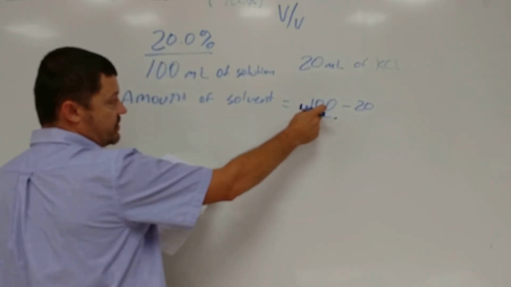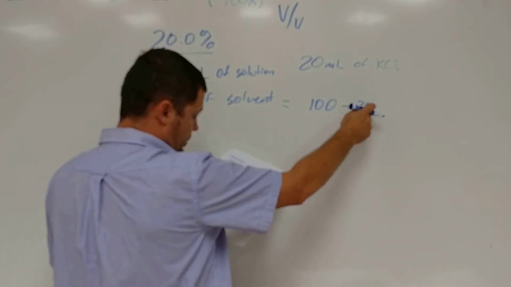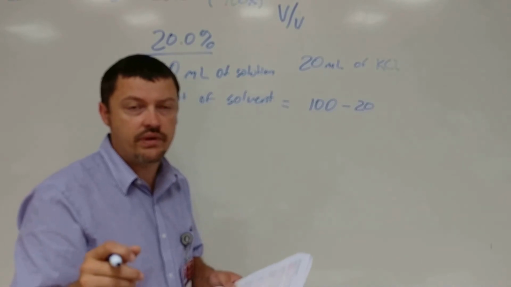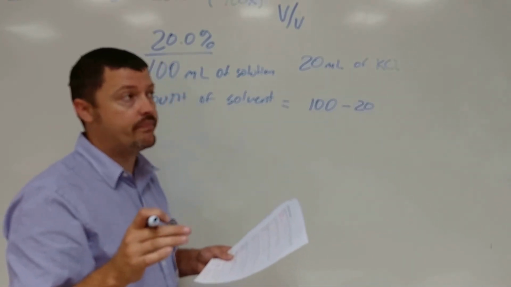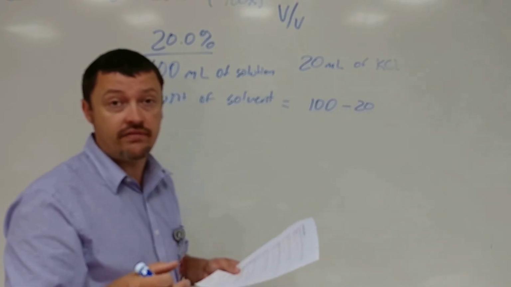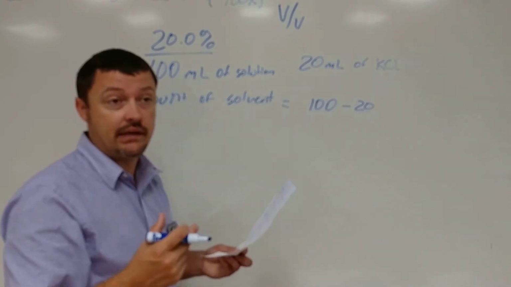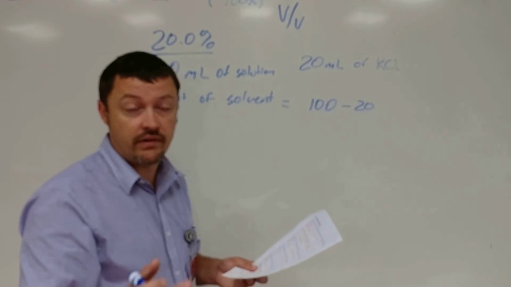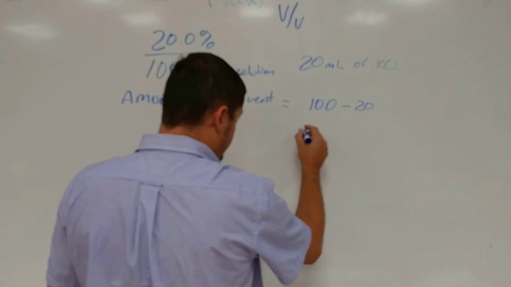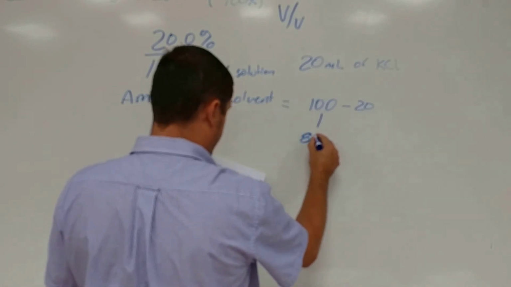So this is our solution, and this is our solute, okay, and our solvent. So remember that the solute is going to be the formed material, the particulate matter of a liquid. The liquid portion of that is going to be the solvent, what the solute is dissolved into, okay? So that is going to leave us with 80.